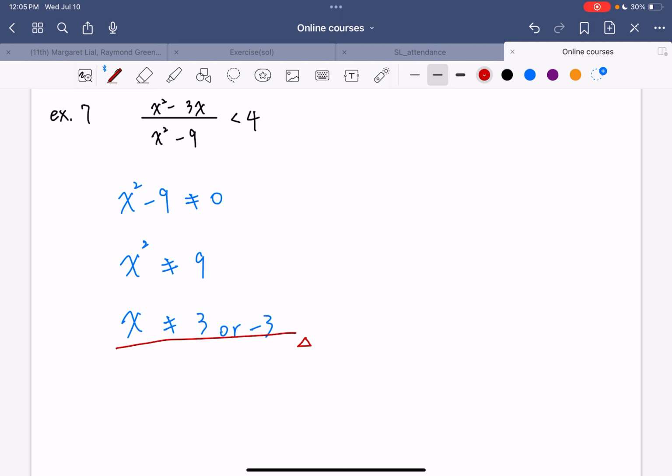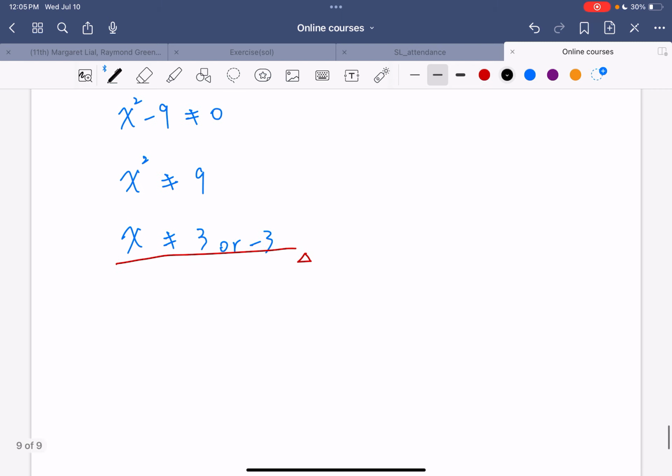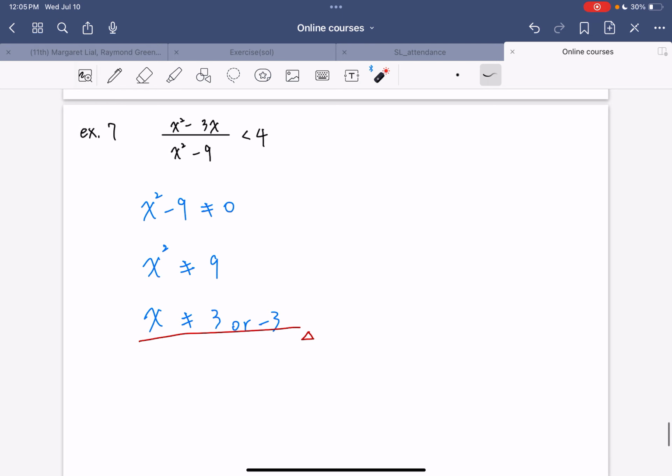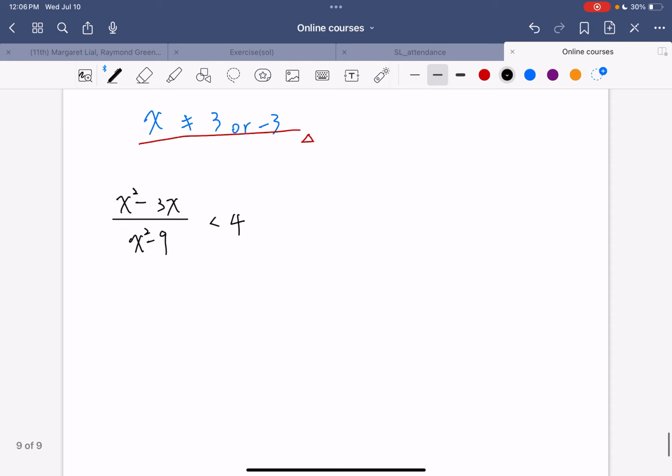And then we start our calculation here. So we want to solve this in polynomial. It will provide us some points. Let's rewrite this in polynomial. X squared minus 3x divided by x squared minus 9 less than 4.